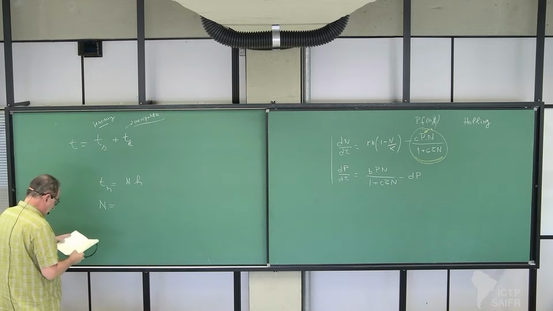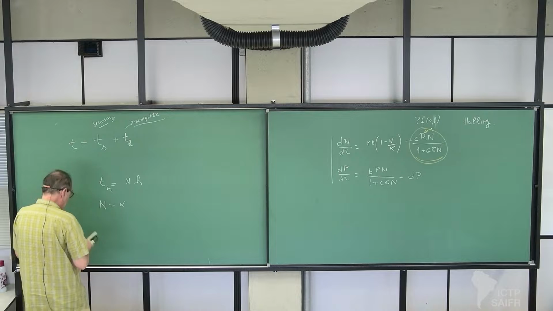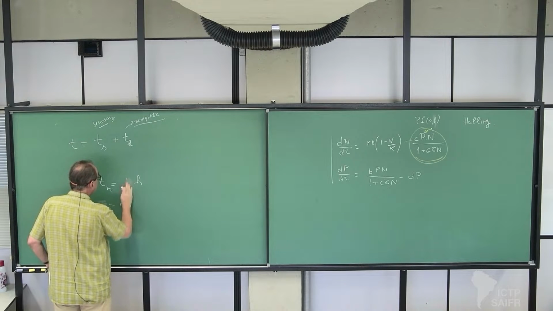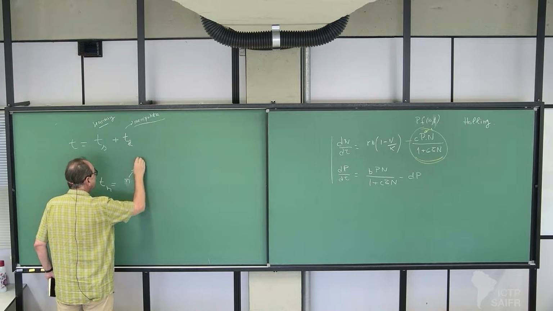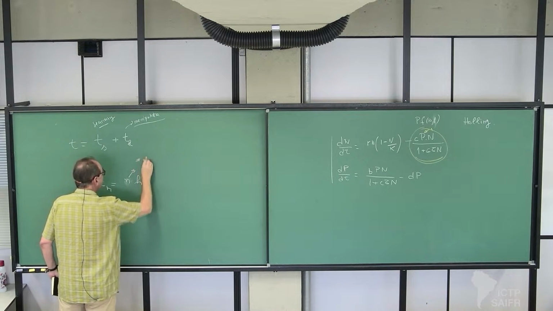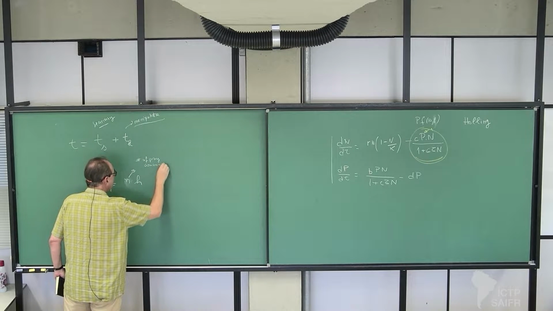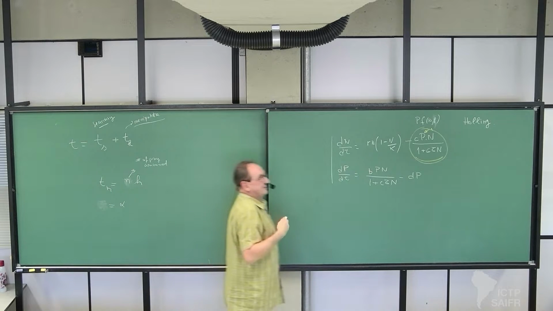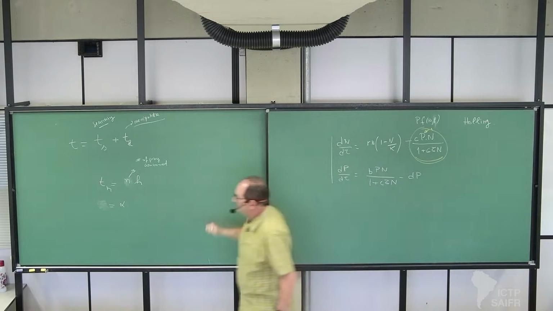On the other hand, the number of prey consumed should be proportional to, let me put an n, small n, because this is not the total population of the prey. The capital N was usually the total population.